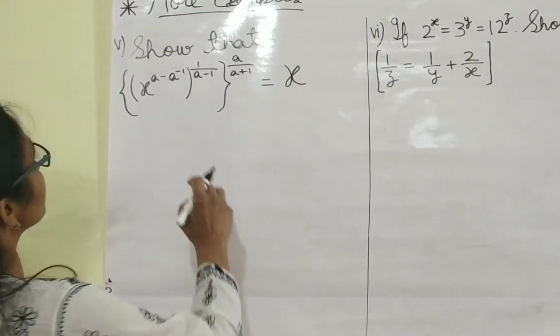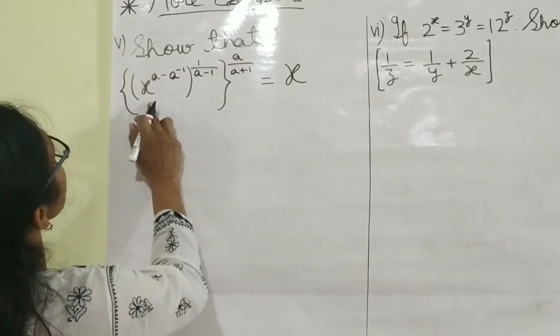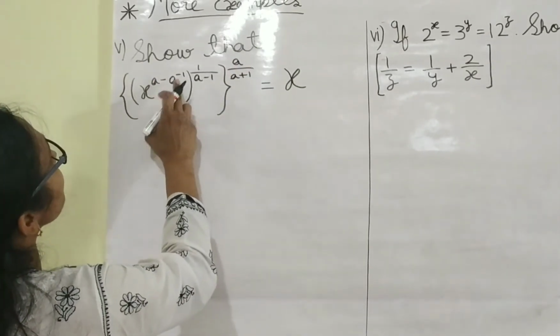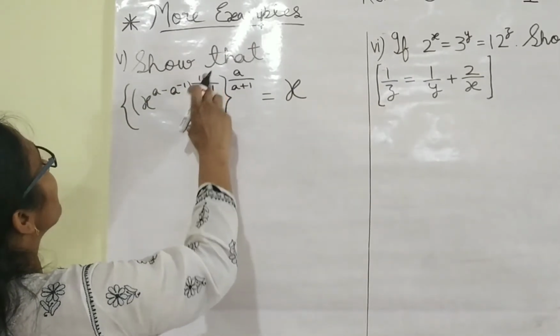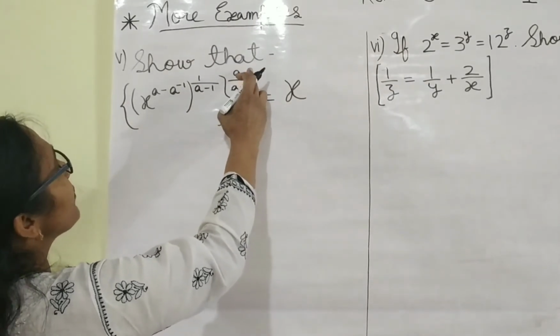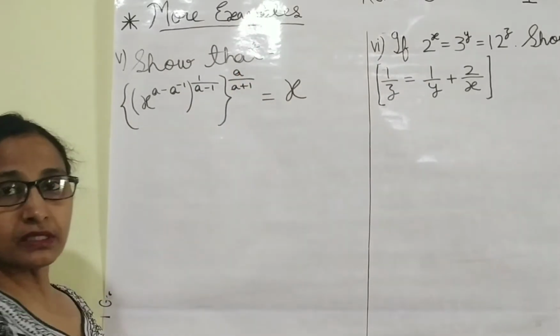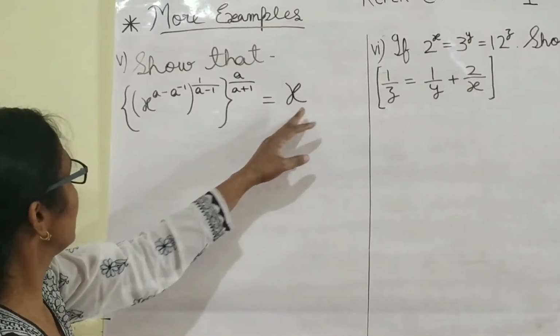More examples. The fifth one is show that x power a minus a to the power minus 1, bracket close, then again power 1 upon a minus 1, and into a upon a plus 1. We have to prove this equals x.